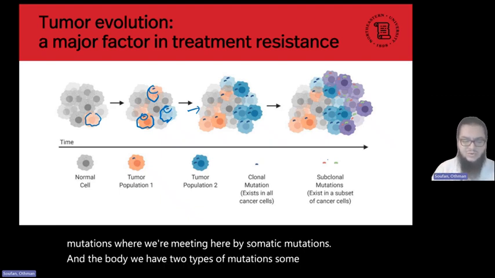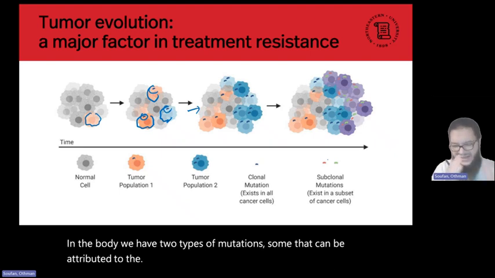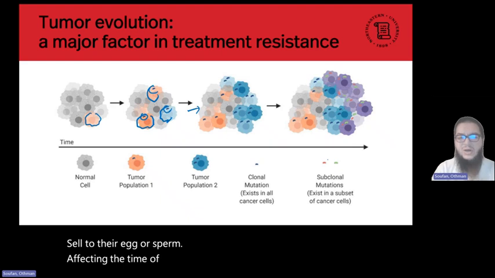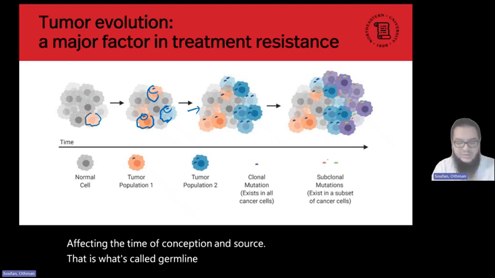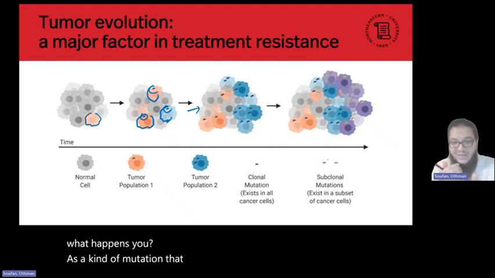Some that can be attributed to the cell, to the egg or sperm, affecting the time of conception, and that is what's called germline mutation. Okay, somatic mutations. So what happens is a kind of mutation that indicates mutations in the cell after that stage.